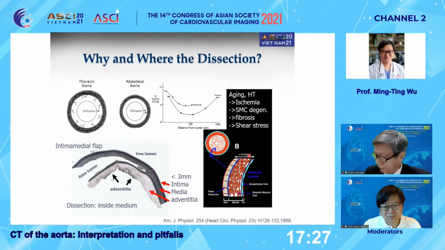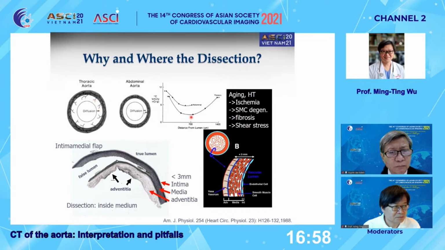The total thickness is less than 3 mm, and the thoracic aorta is much thicker than the abdominal aorta. The perfusion of the outer aortic wall is from the vasa vasorum, and the inside is directly from luminal diffusion. Therefore, the middle of the media has less perfusion.